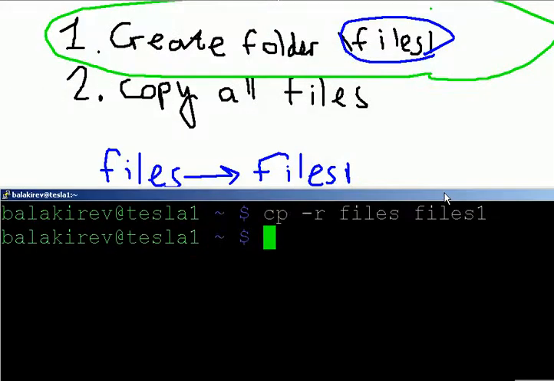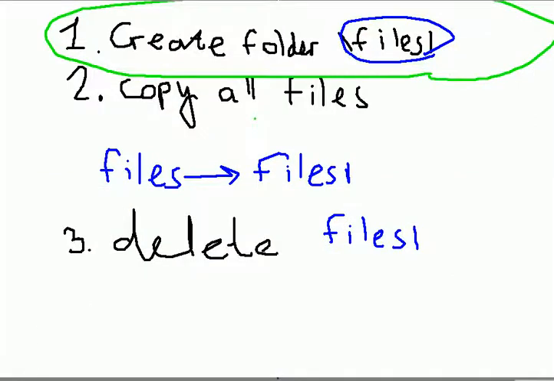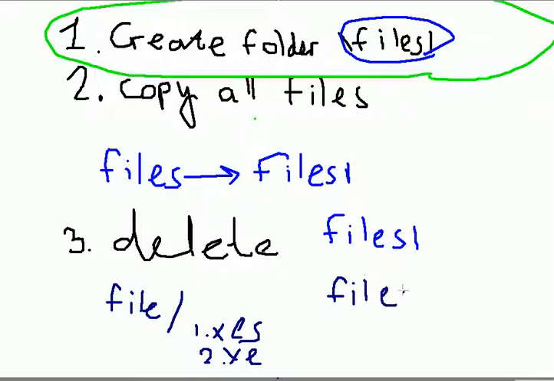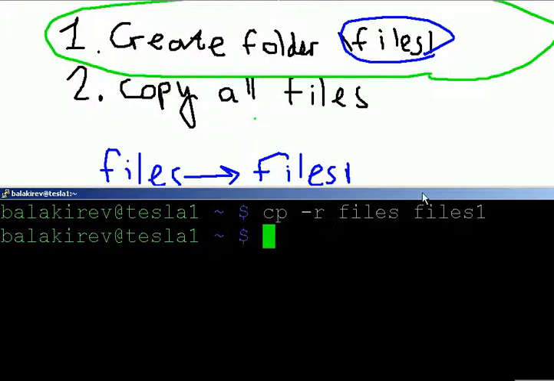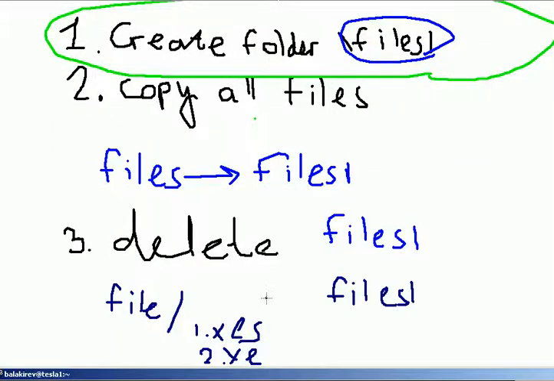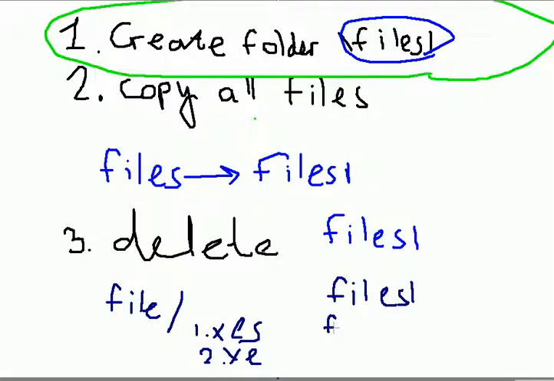I mean, if we have folder files and folder files1, and each has some files, 1.xls and 2.xls, the result of the previously typed command will be the creation of a new folder files within the already existing folder files1 that is saved on the disk.